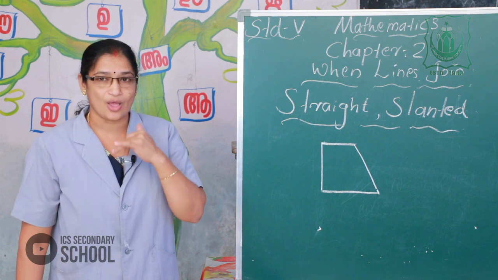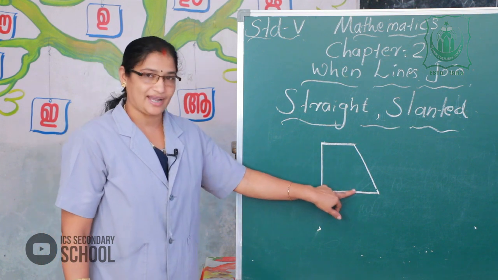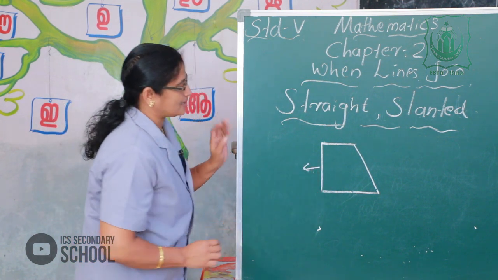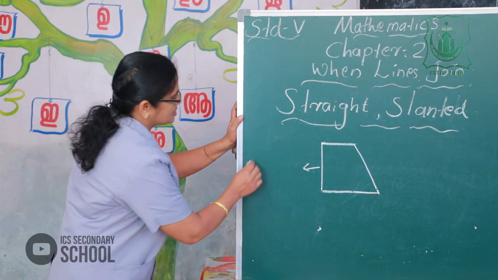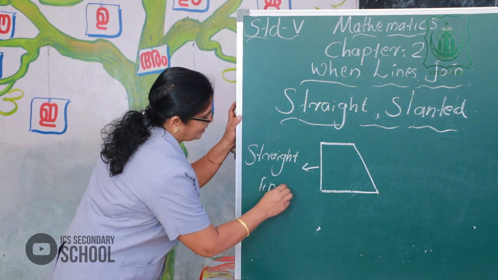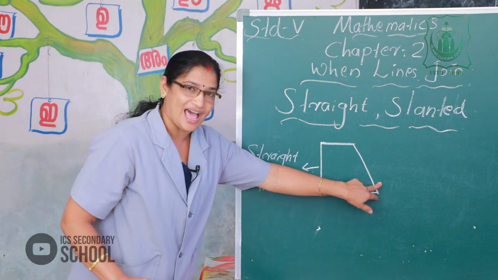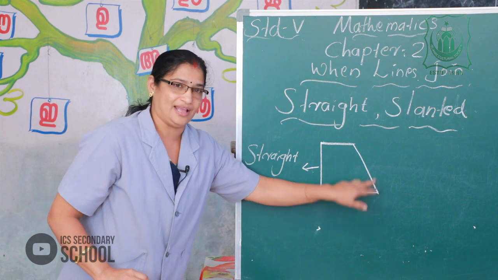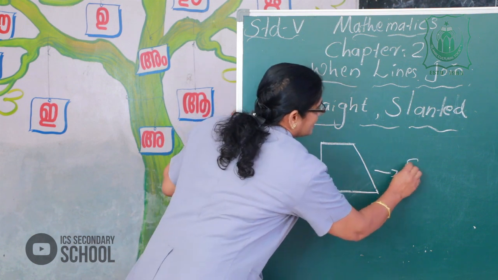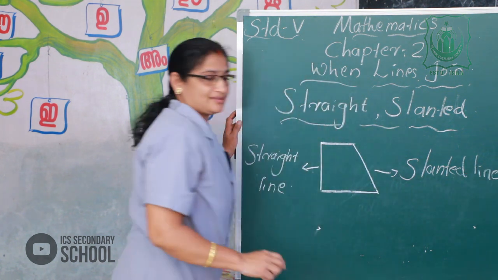The left line is a straight line, and the right line of the figure is a slanted line. Got it?